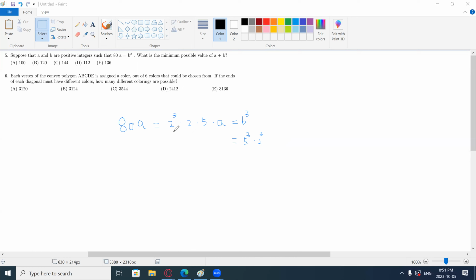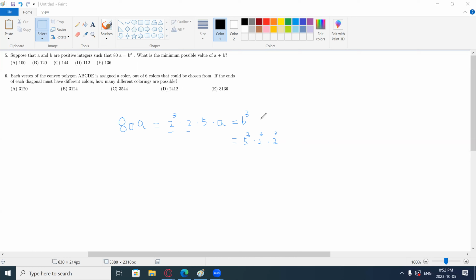But notice there's 4 factors of 2 on the left side of the equation, so you need at least 2 factors of 2. b has to be divisible by 4, with 2 or more factors of 2. So this would be the minimum value of b. You can have a bigger number, but we're trying to find the minimum, and it doesn't need to go higher than that.